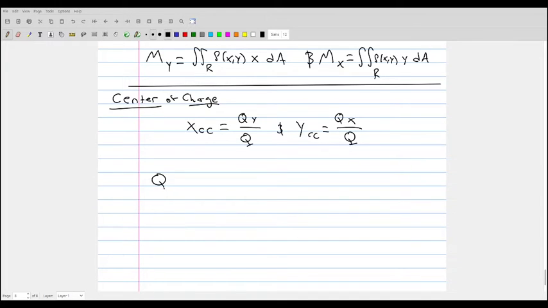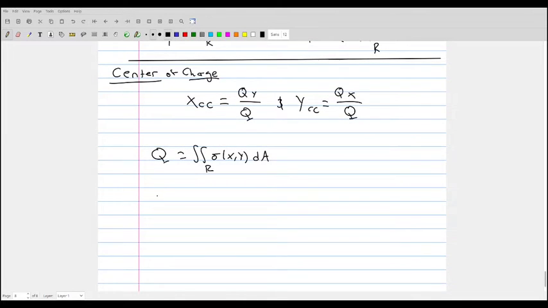Where Q here is the total charge contained in a region, or the double integral of the charge density function, and Qy is analogous to the moment formula from before, but it's for the charge density function.